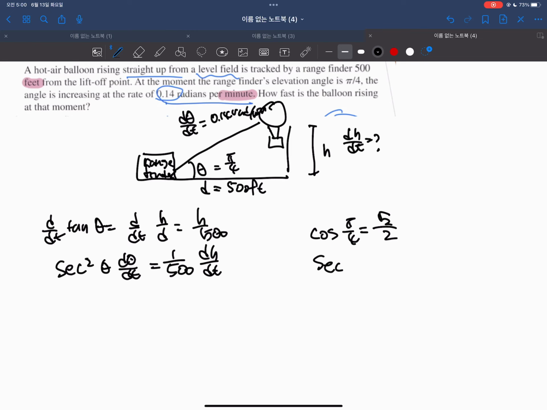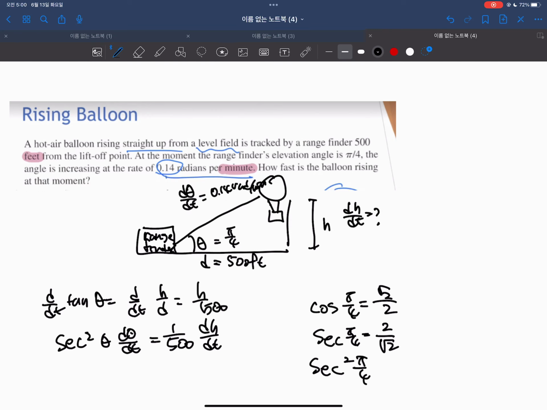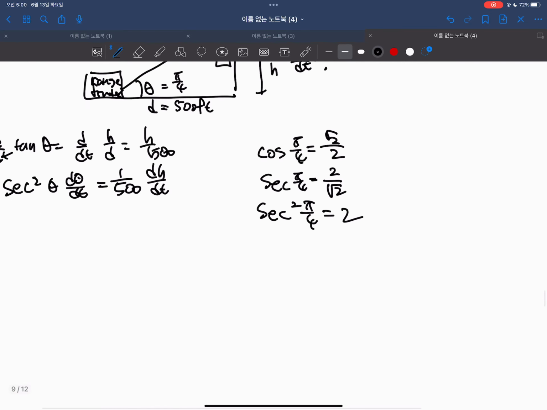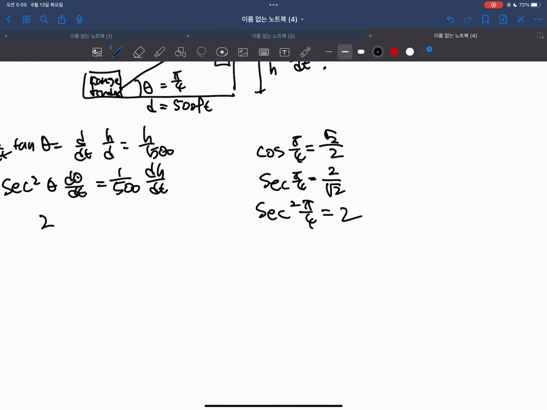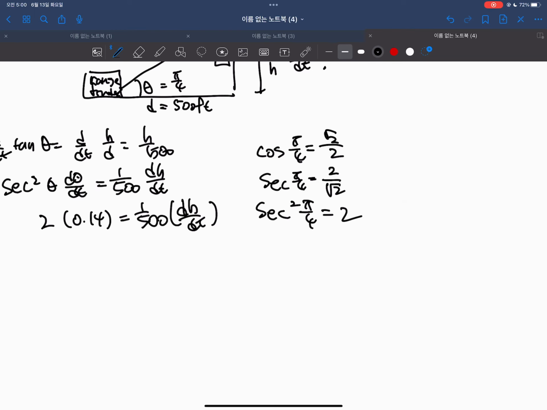Secant of pi over 4 is the reciprocal, which is 2 over root 2. So secant squared of pi over 4 is just 2. And then we know d theta over dt is 0.14, so 2 times 0.14 is equal to 1 over 500 times dh over dt. When we calculate and simplify this, we get 140 feet per minute is equal to dh over dt.